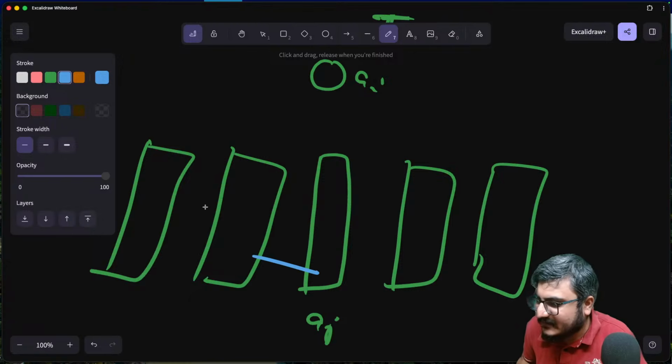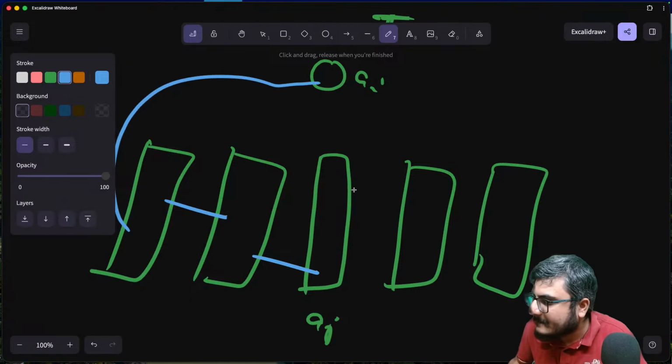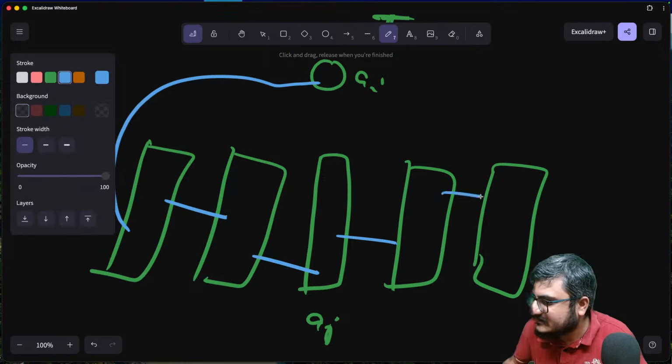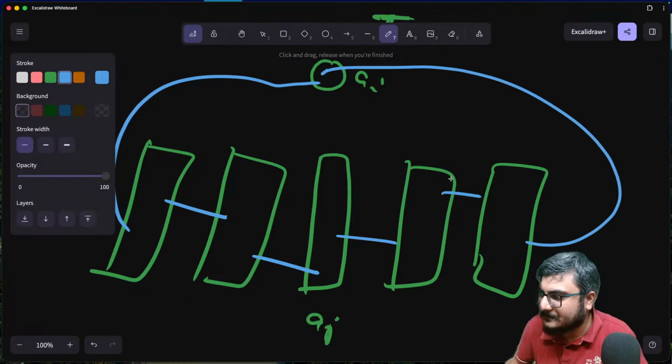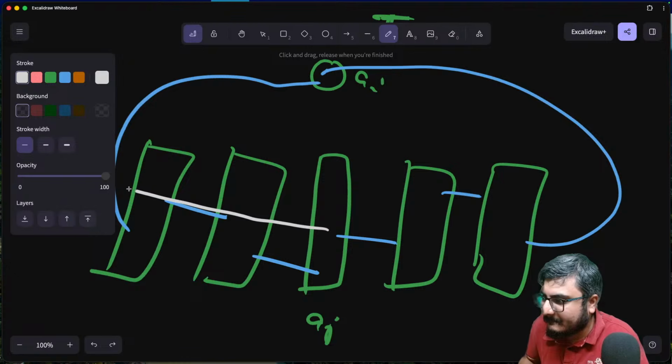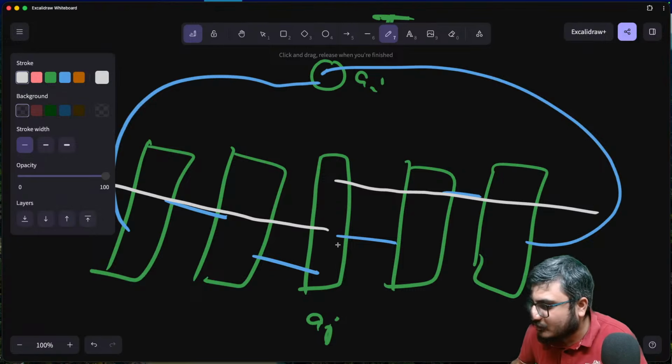This is connected over here, this is connected on this well, and this is connected over here. Then look at the maximum. This is the maximum on this side, and this is the maximum on this side. So overall, the water you would be able to fill would be this much.